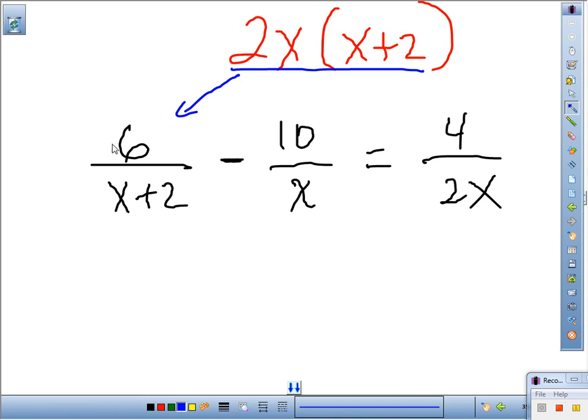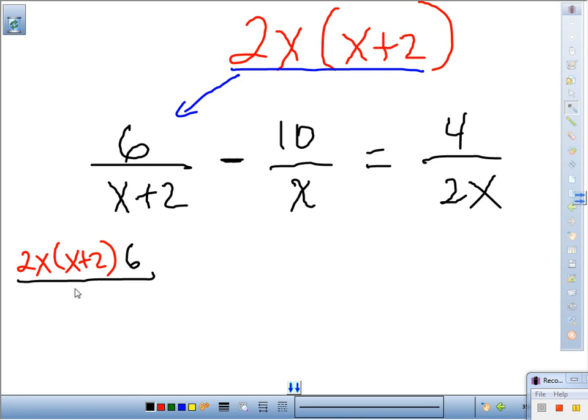So I multiply this times this, which means I'm going to have 2x times x plus 2 times what's in the numerator? 6, and all that over x plus 2. Some of you are saying, look up, why not the denominator, Mr. Q? Because the denominator for this would be an invisible what? An invisible 1. So 1 times this is that. Is everybody following up to right there?